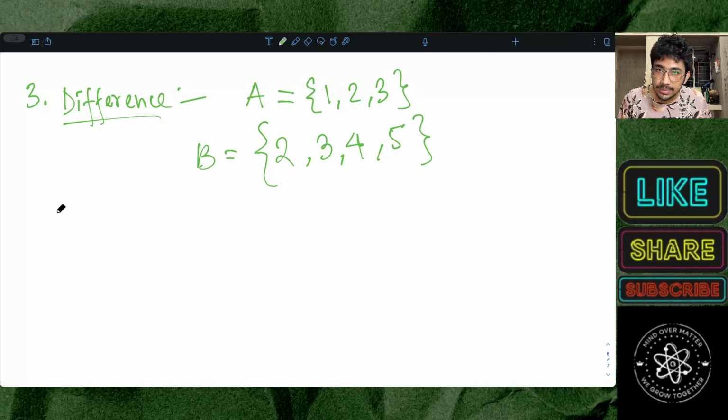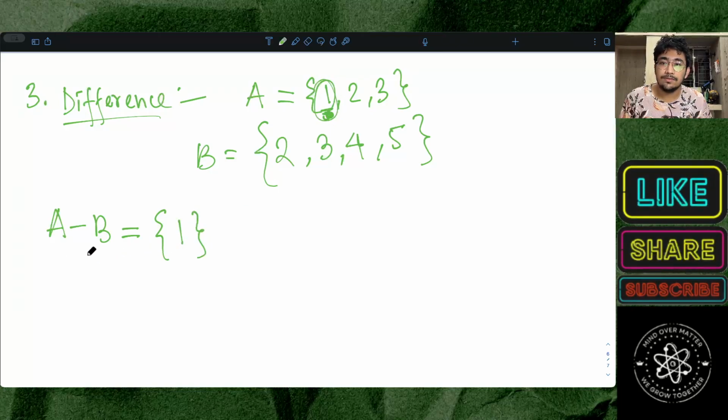Basically A difference B means that all the elements of A will be present in this set, but they should not be in B. The elements which are only in A will be present in A difference B. So there's only one element in A that's not in B. That is 1. So this will be the set of A difference B.